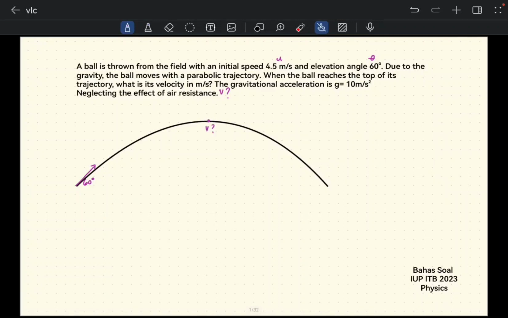The initial velocity 4.5 meters per second has a component on the x-axis and y-axis.